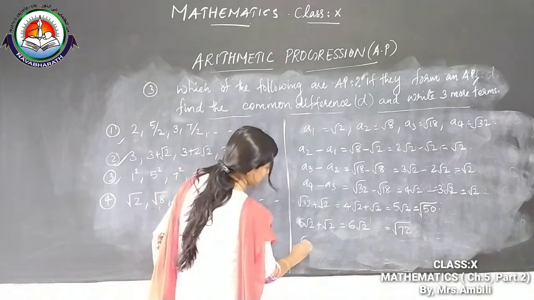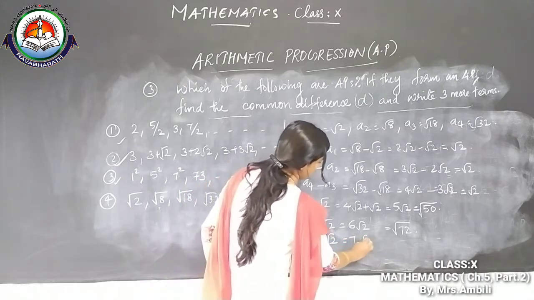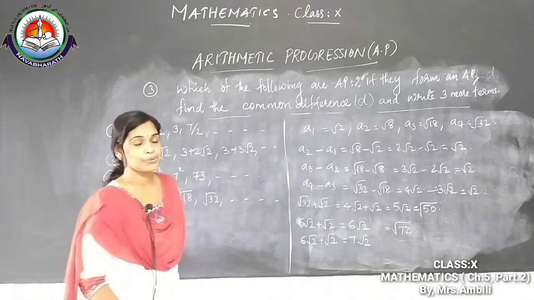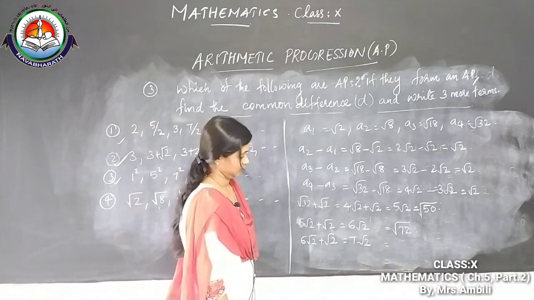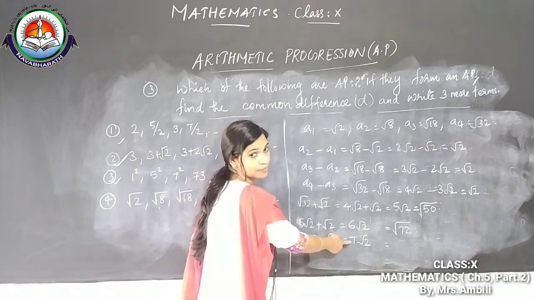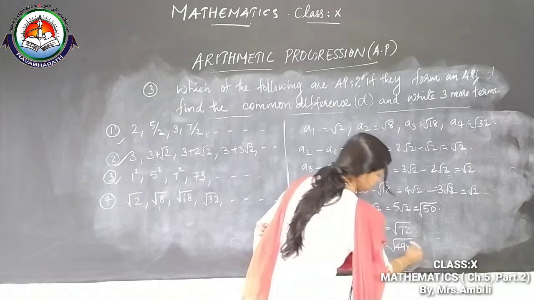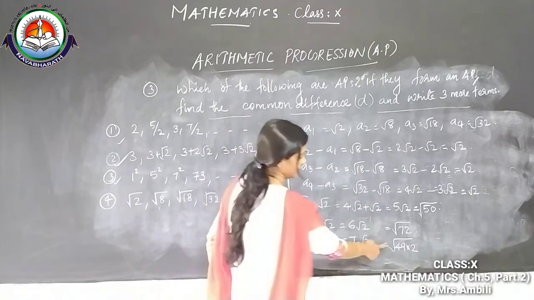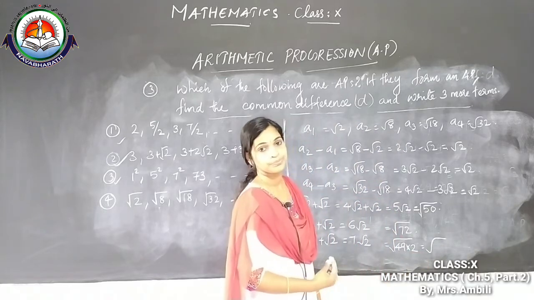Next term, 6 root 2 plus root 2 equal to 7 root 2. 7 root 2 means root 49 into 2. What is 49 into 2? You understood now? We are writing, that is equal to root 49 into 2.